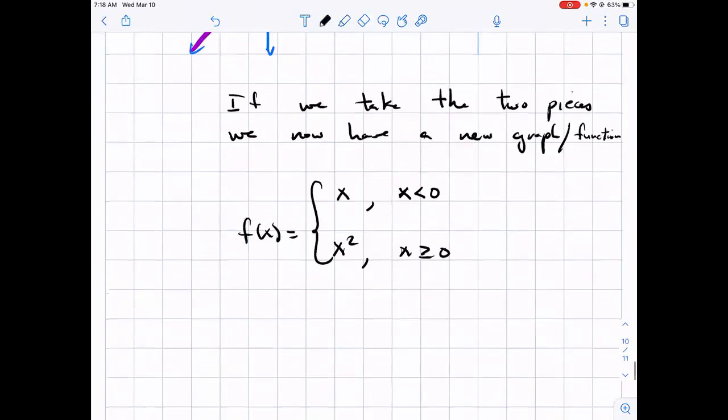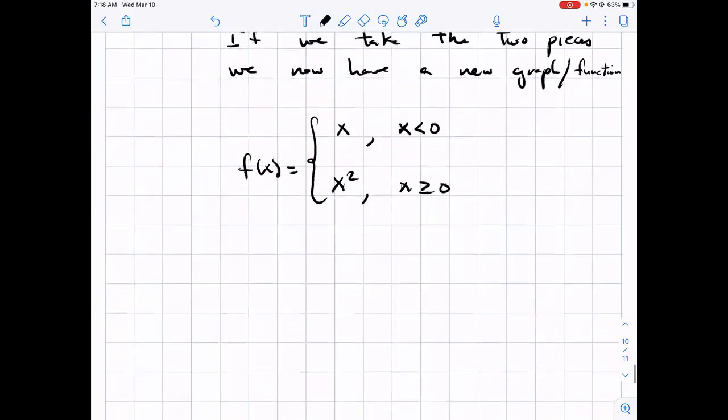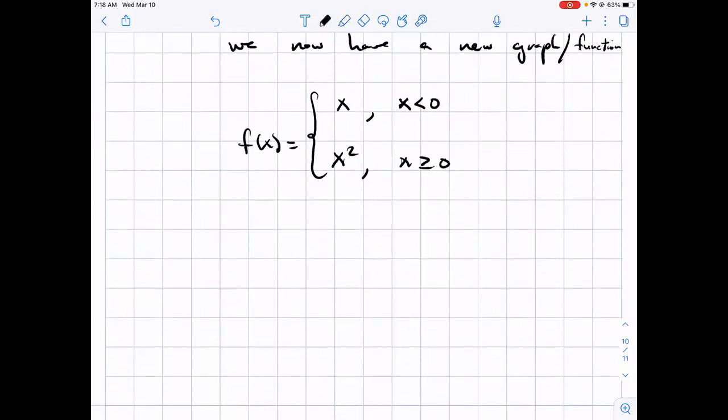Okay, so it's made up of two pieces for this particular function. So the question is, how do we graph it? Well, to graph it, we make a table of values for each piece.